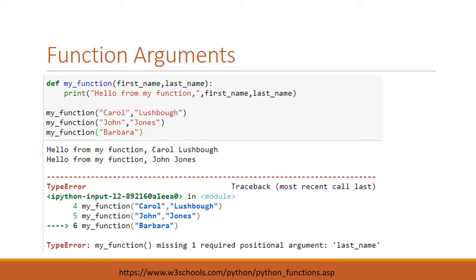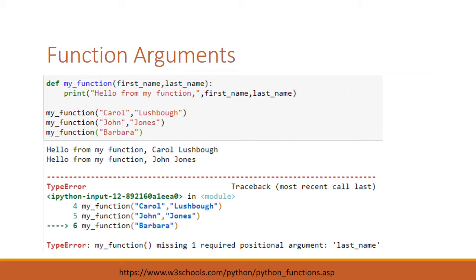Lastly, we call the function again, but this time we only pass it 1 argument. So Barbara is passed into the parameter first name, but we don't include an argument to be assigned to last name.